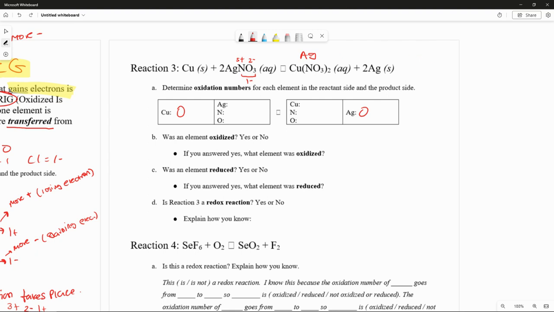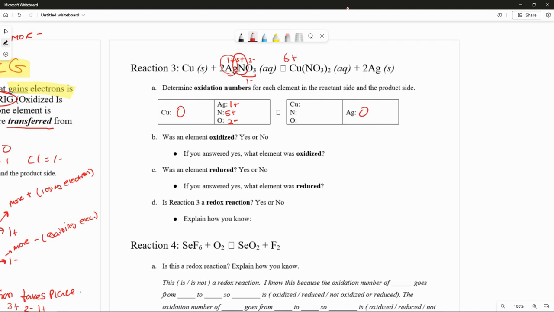With that information, we can go back and assign this oxidation number of 1 plus and fill our box in. We have a 1 plus, 5 plus, and a 2 minus. We can also check this. We have 1 plus here, and a 5 plus here, which is 6 plus total.